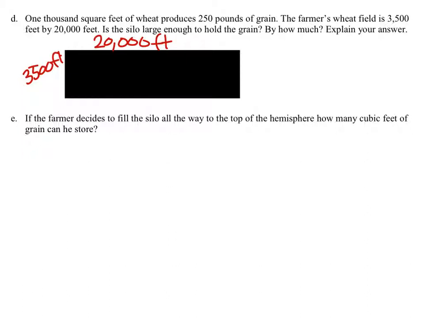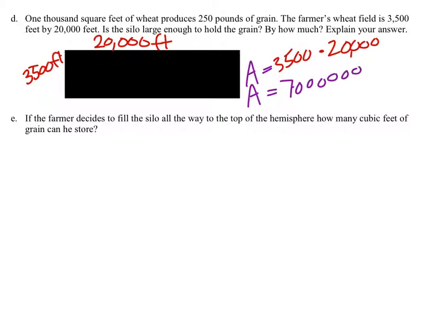So if I wanted to find the area, I would multiply my 3,500 by my 20,000, which should give me an area of 70,000,000 square feet. This is just the area.